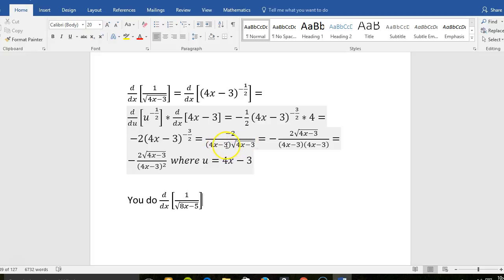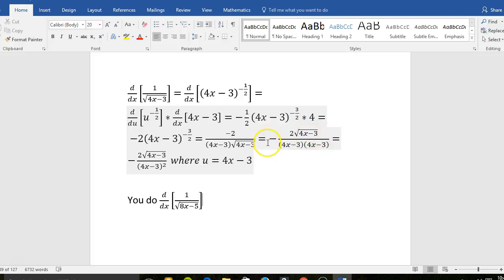Now what I do is I stick a radical 4x minus 3 up here, and I stick another one down here to go beside this one. The new guy down here is going to run into this guy and just give you a plain 4x minus 3. The one that's up here just stays put.